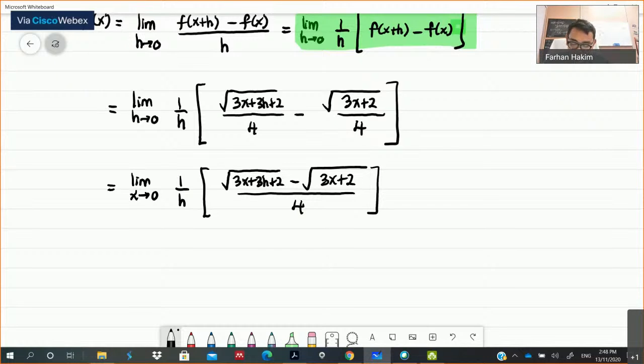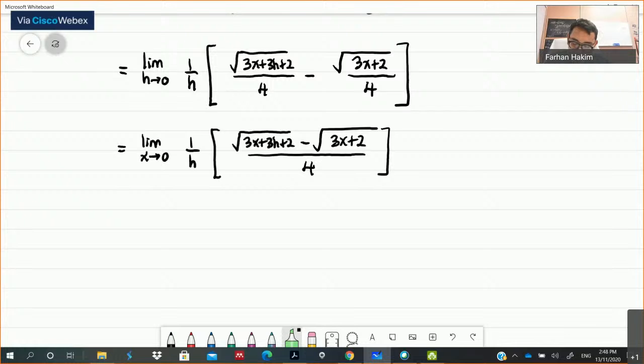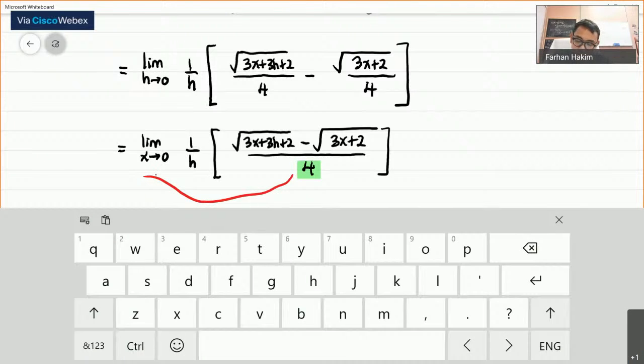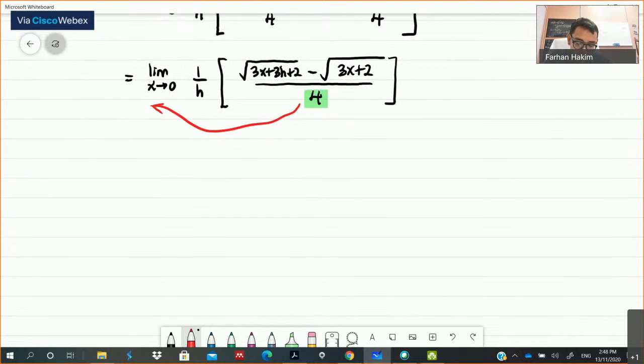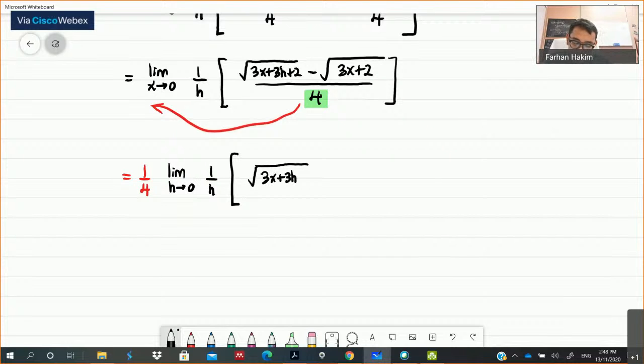Because 4 is a constant, we can take it out of the limit, so it will be 1 over 4. We are left with the limit as h approaches 0 of 1 over h times the square root of 3x plus 3h plus 2 minus the square root of 3x plus 2.